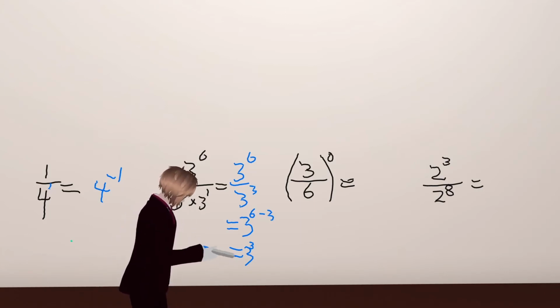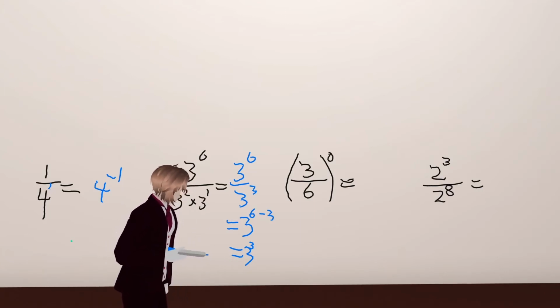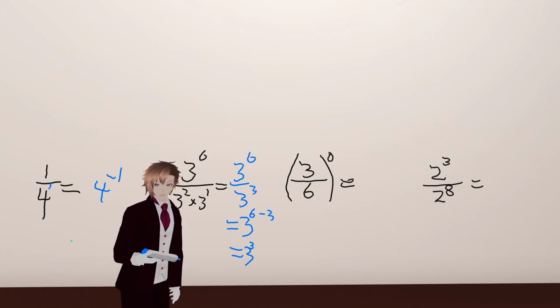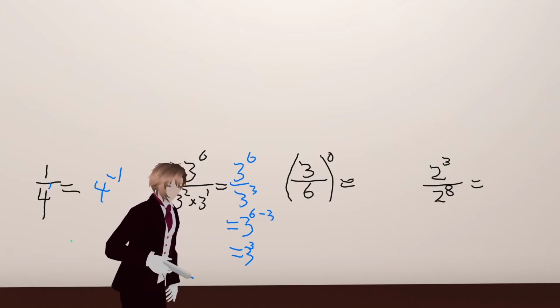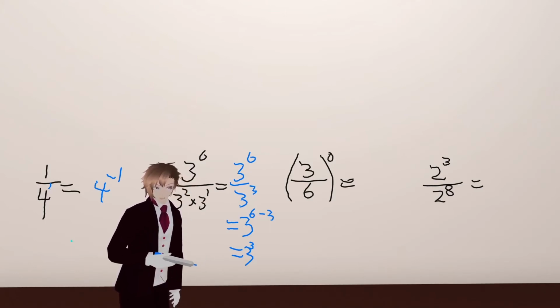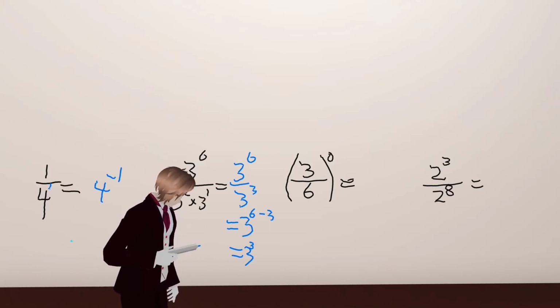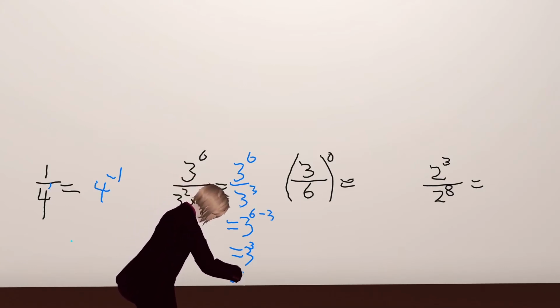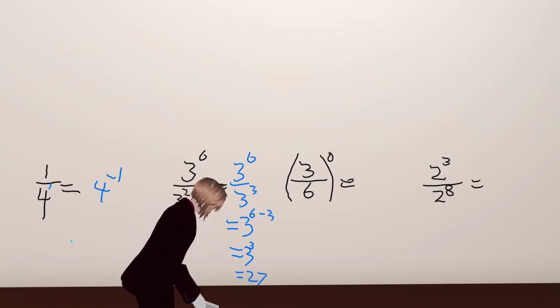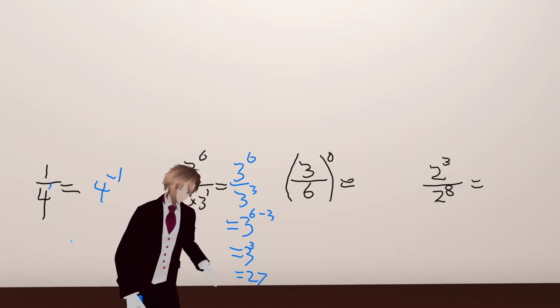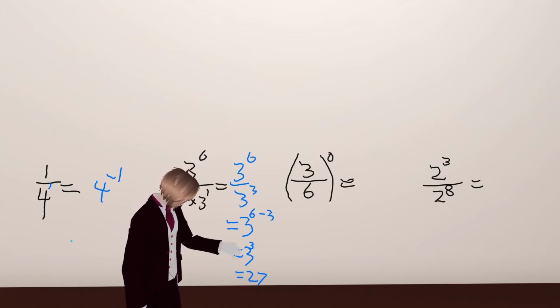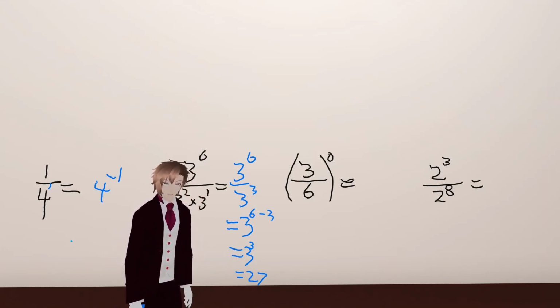Now, if we were to evaluate this number, it would be 3 times 3 times 3, which you can just put into a calculator if you need be, but the answer would end up being 27, because 3 times 3 is 9, times 3 again is 27. So this here is evaluating the answer. This here is leaving it in index form.